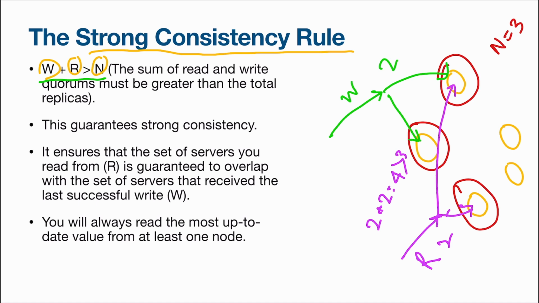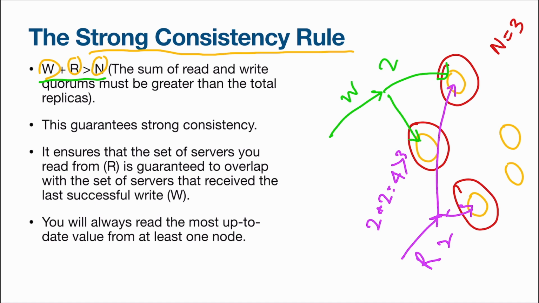What is it ensuring really? As you can see, if W plus R is greater than N, there is at least one node in the set where the data is the latest. And that's what we guarantee using the strong consistency rule. You can see that individually reads and writes are not that slow, because the write does not need to wait till all 3 replicas acknowledge the request.